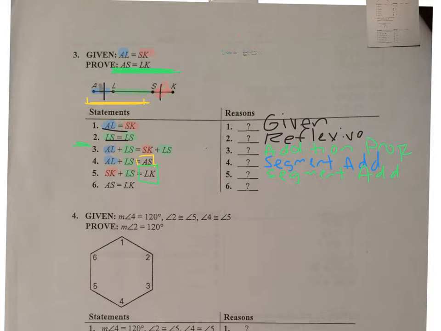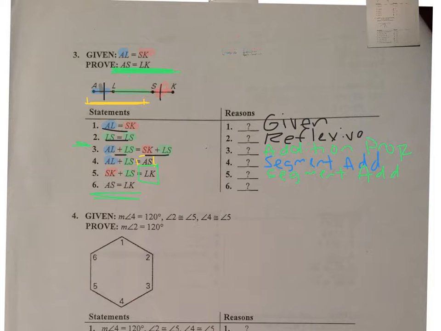Well, now at my final step, I've gotten to the thing that I wanted to prove, which is great. How did I get there? Well, if you notice what we had in 3. Okay, 3 said AL plus LS was equal to SK plus LS.